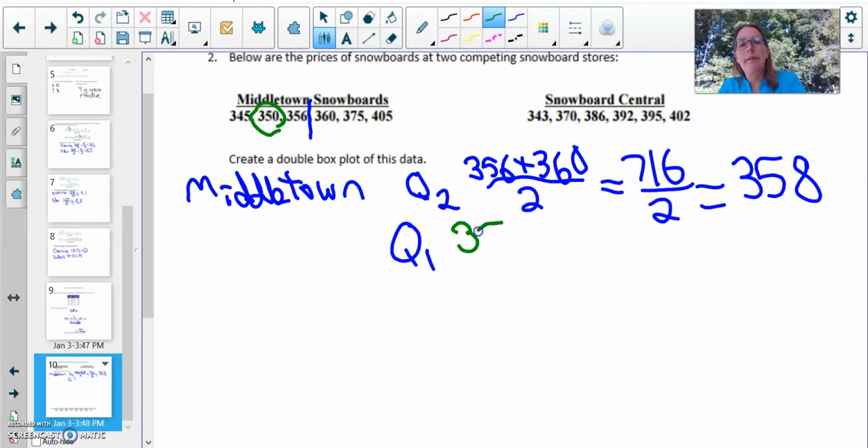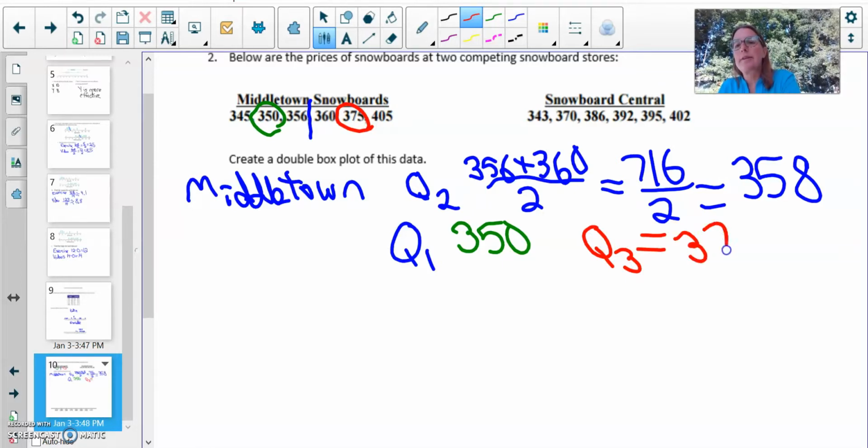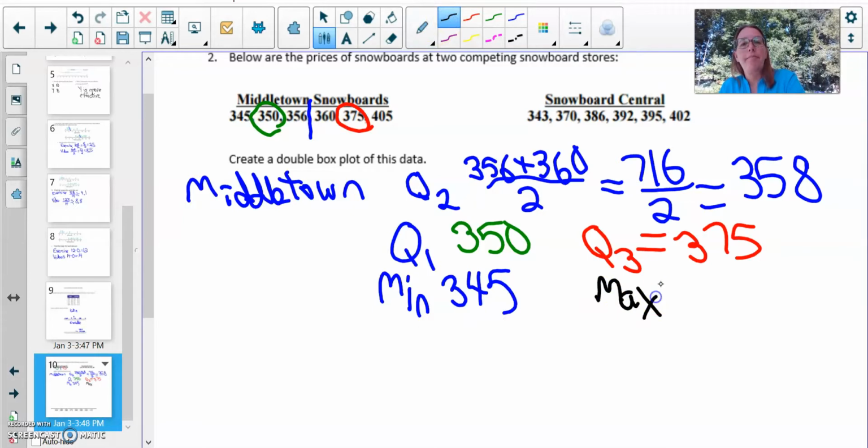That's 350. Looking at the third quartile, looking at the upper half of the data and finding its median is 375. The minimum is 345, and the maximum is 405.